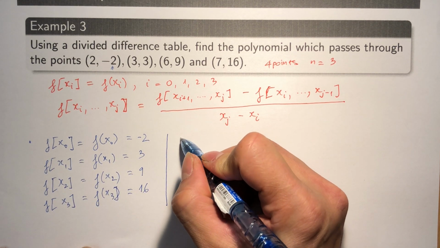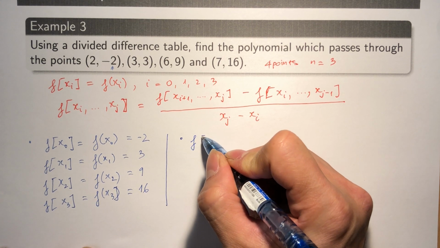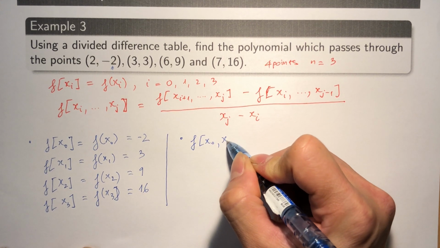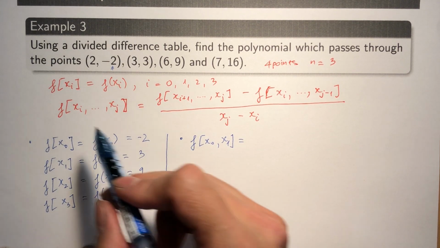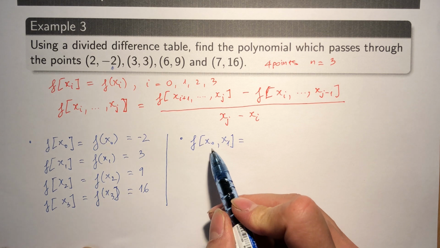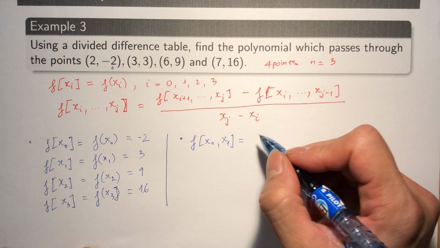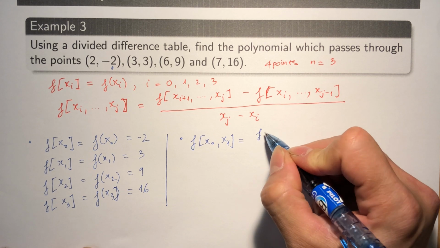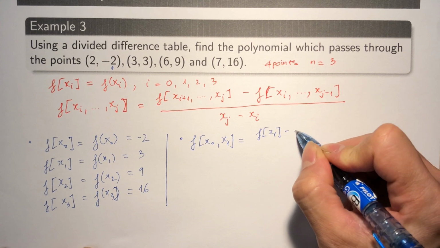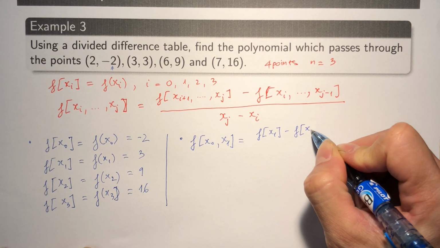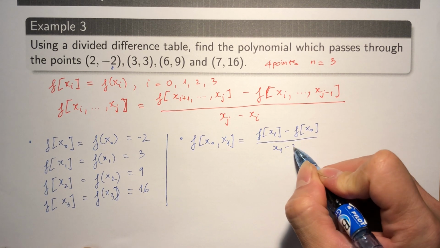Now the first derivative, f[x0, x1]. Using the formula, i equals 0, j equals 1. So this one equals f x1 minus f x0, divided by x1 minus x0.